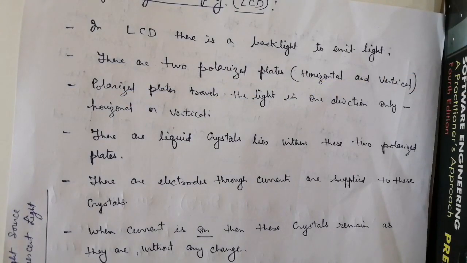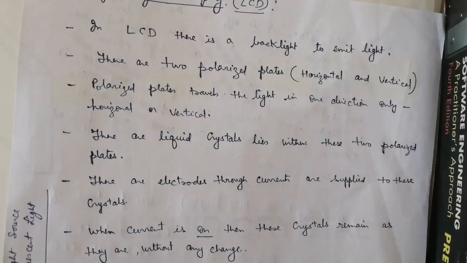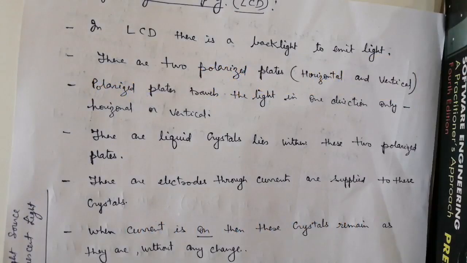Then the horizontal light comes between the horizontal and vertical plates. So the structure is like this: there are two polarized plates, and within them lie the liquid crystals. There are also electrodes through which we supply current to the crystals, which controls the light.